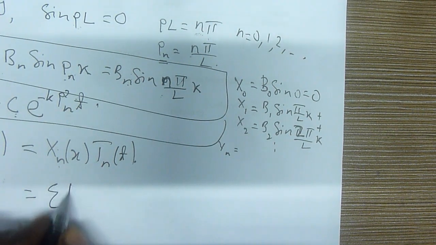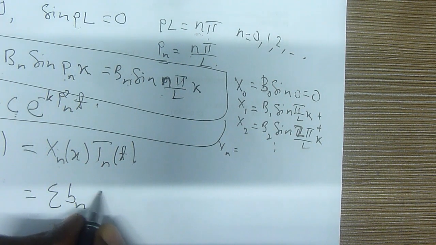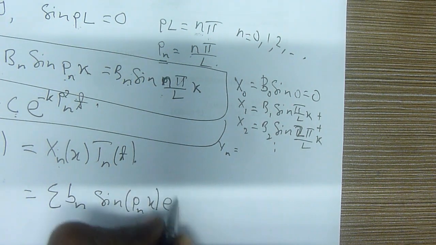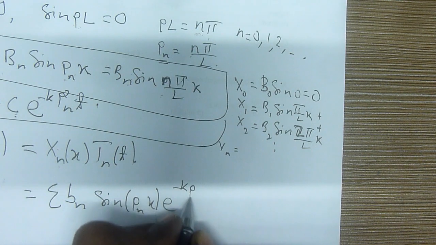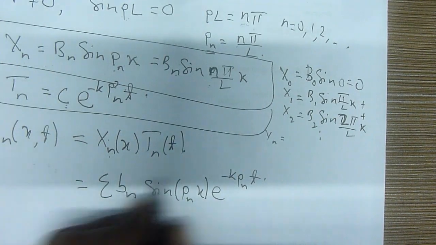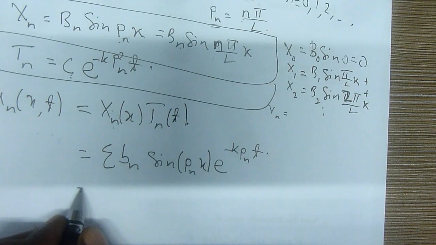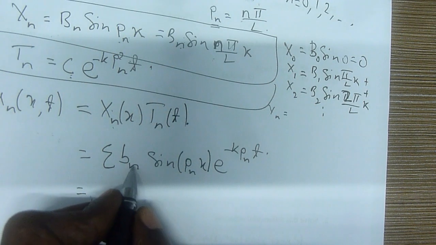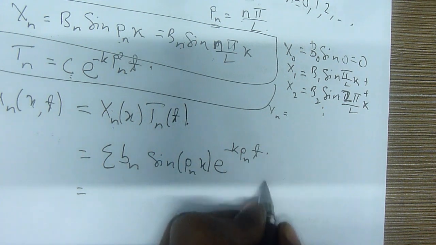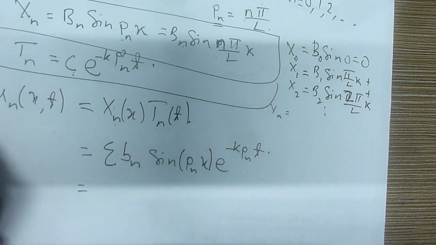Therefore I'll write this in this way: Bn sine Pnx e to the negative k Pn squared t. But in what way do I get this? Because Bn is 1, I get 1, and I can add how many times?